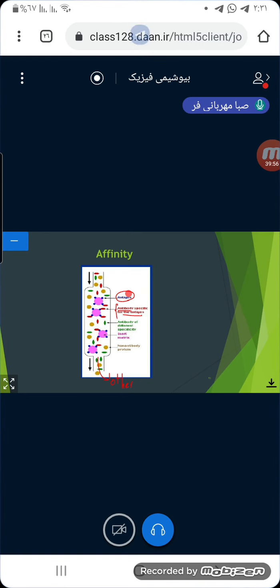Imagine that instead of antibody or antigen, we want to separate an enzyme and substrate. When I want to separate an enzyme, I will load its substrate in the column.